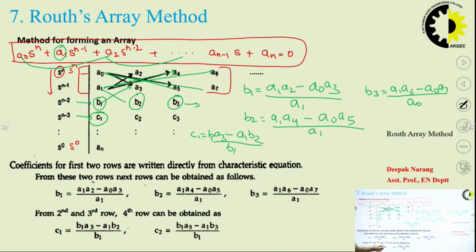So we can see here how C1 is obtained. Likewise, we can go for C2, that is B1 into A5 minus A1 into B3, divided by B1. In this way we form an array based on the coefficients of the characteristic equation of the system.